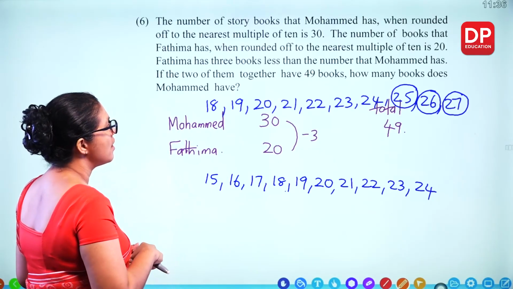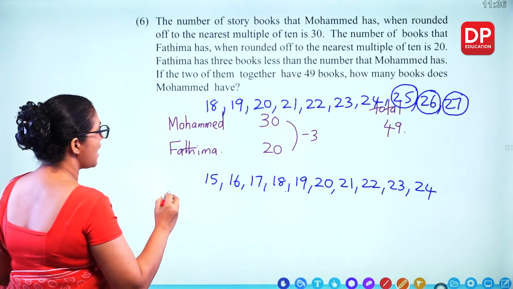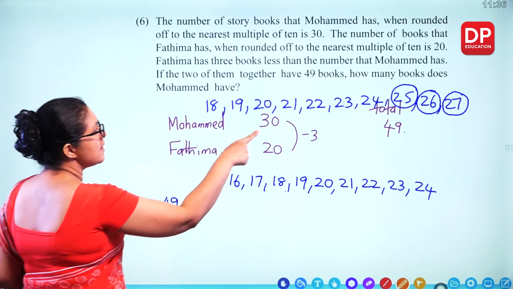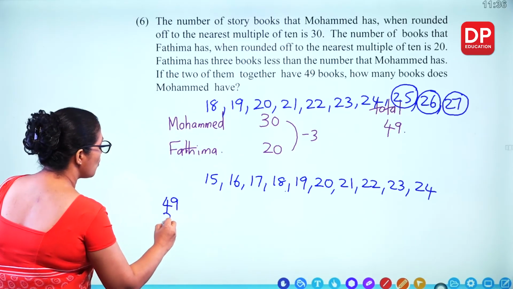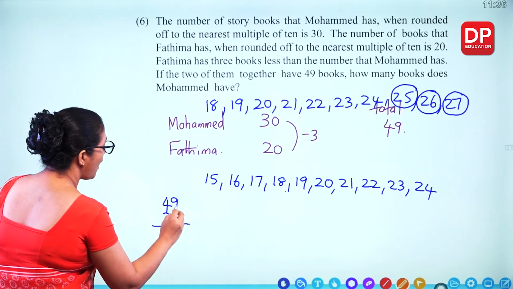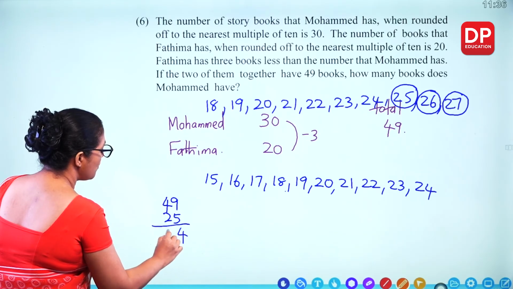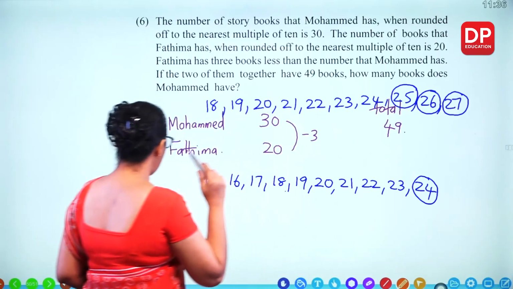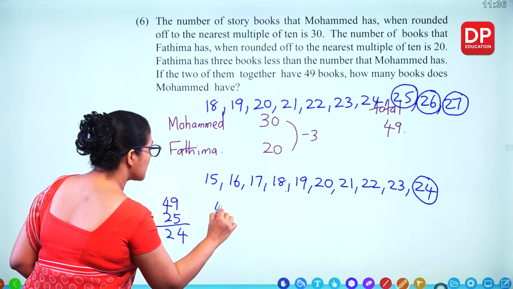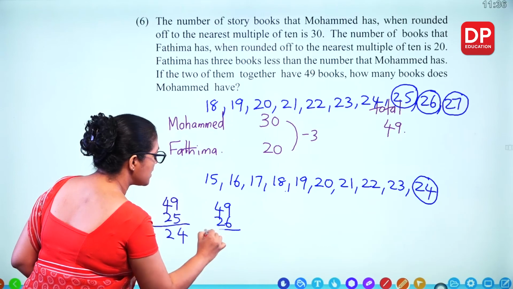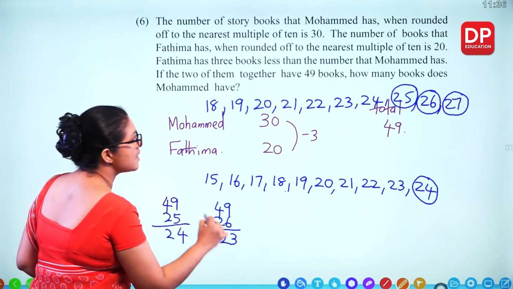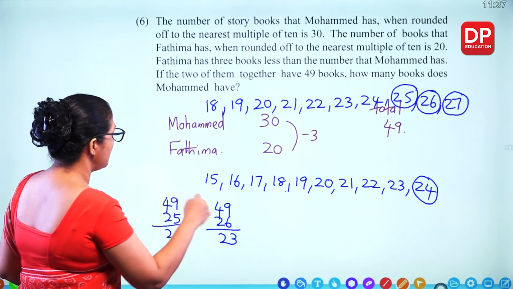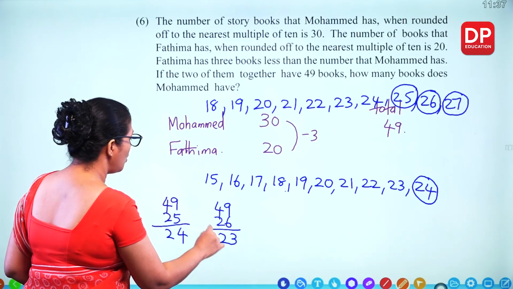So if the total is 49 and 25 we selected, what's the number of books with Fatima? So this should be 24. So that's possible. If you take 26, 49 minus 26, the possibility is 23. So that's also possible.